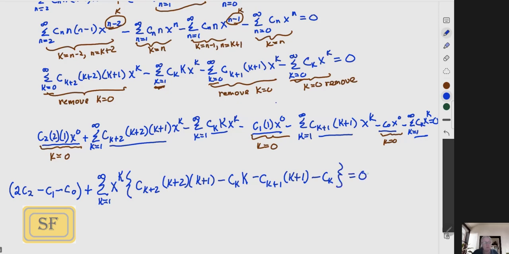All of this is equal to 0. So everything inside the parentheses is going to give me my recurrence relation.